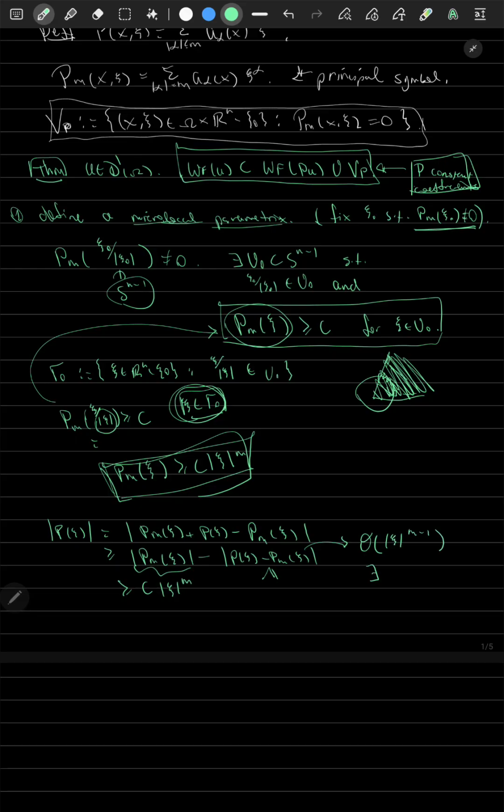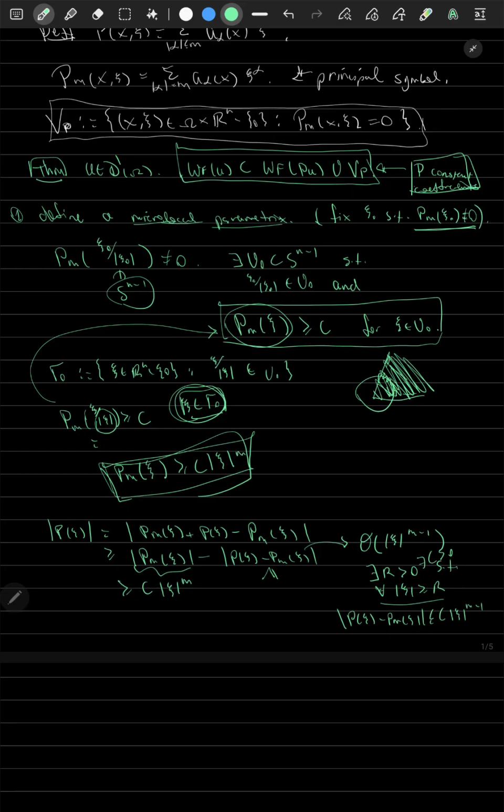meaning that there exists a radius r greater than 0, such that for every xi greater than or equal to this radius, and there exists a constant greater than 0, such that for every xi greater than this radius, we have that P xi minus Pm is less than or equal to c times xi to the m minus 1, right?